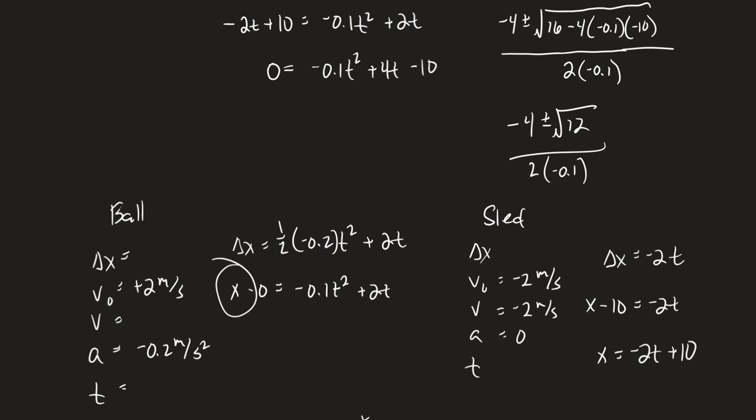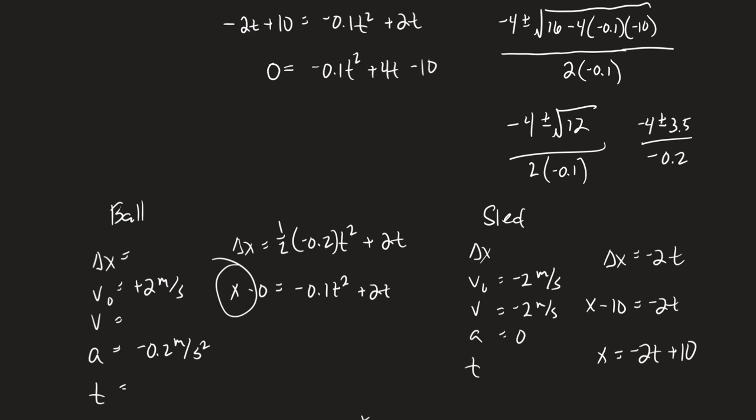The root of 12 is 3.46, so 3.5. So I'm going to have minus 4 plus or minus 3.5 divided by negative 0.2.